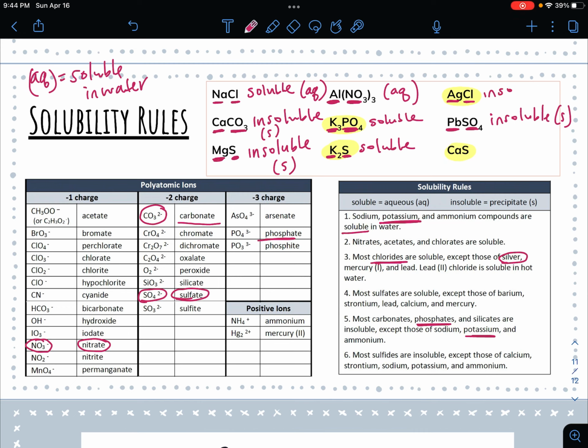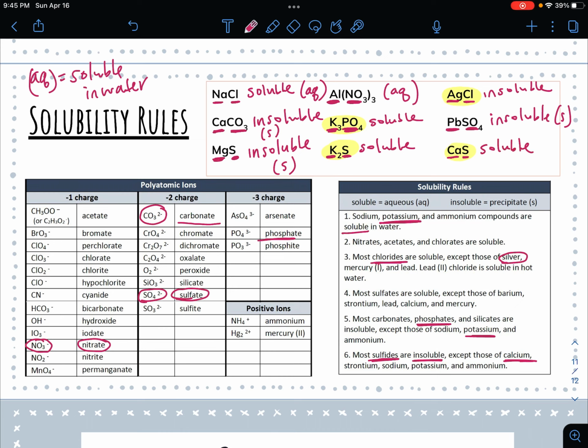So that means it is insoluble. Okay, and then we have calcium sulfide. So let's see if we can find something. Here's our sulfides. They are insoluble except calcium. So that must mean this is soluble.